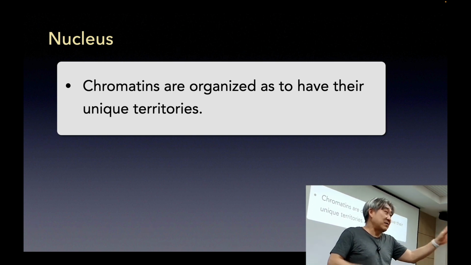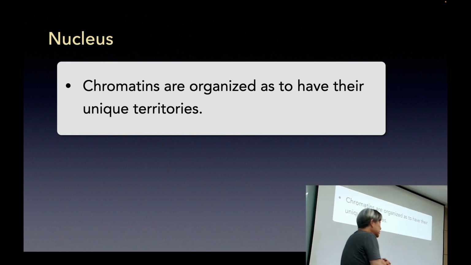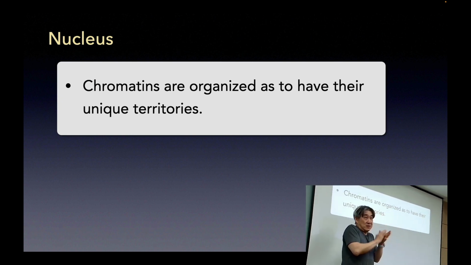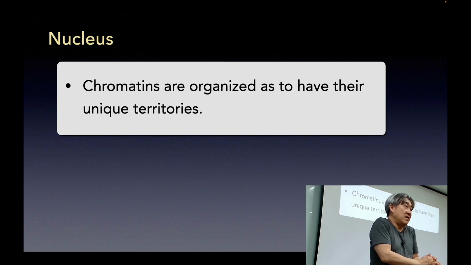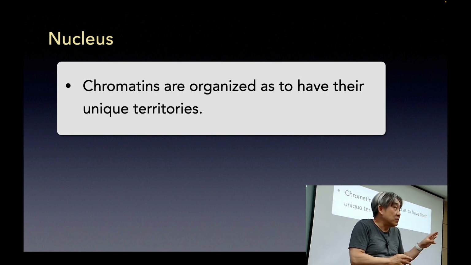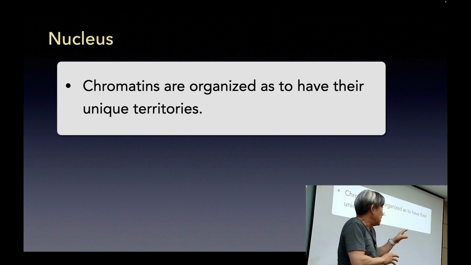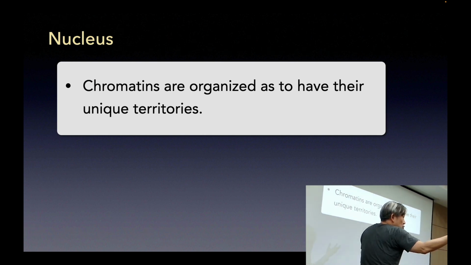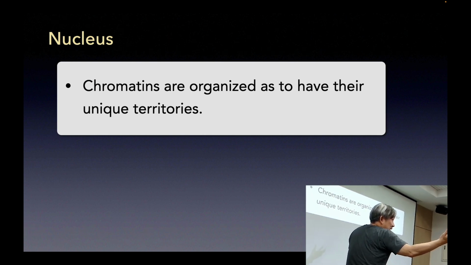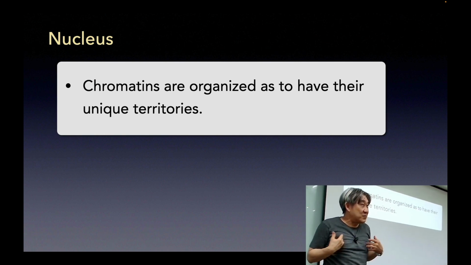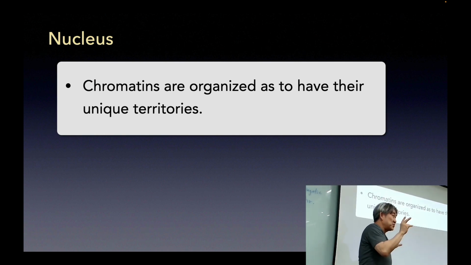Oh, you mean the X and Y are different ones. Great, gotcha. Okay, but typically we say we have 23 different kinds of chromosomes. Especially in your case, only 23 different kinds. I have 24 different kinds of chromosomes. Yeah, but not you.